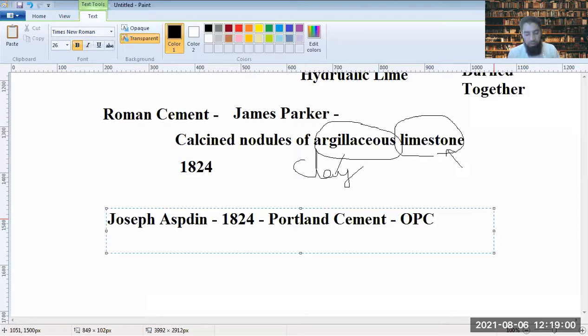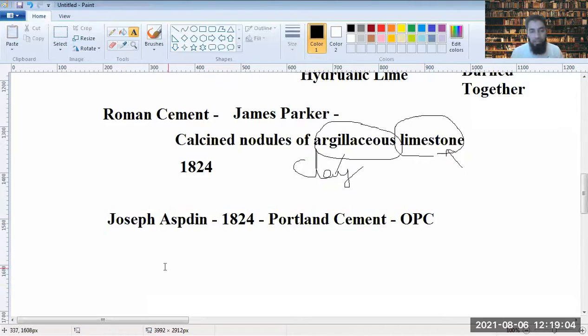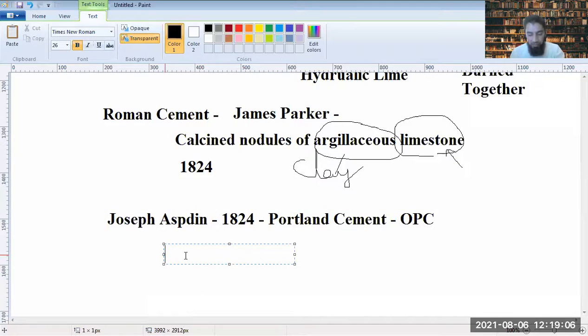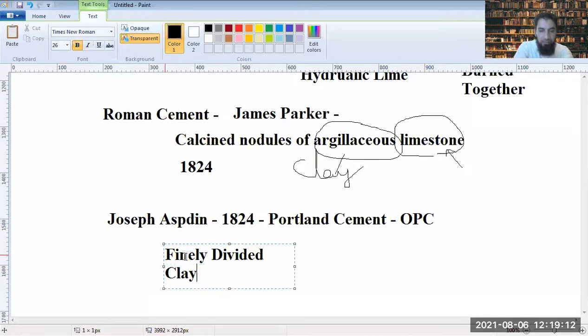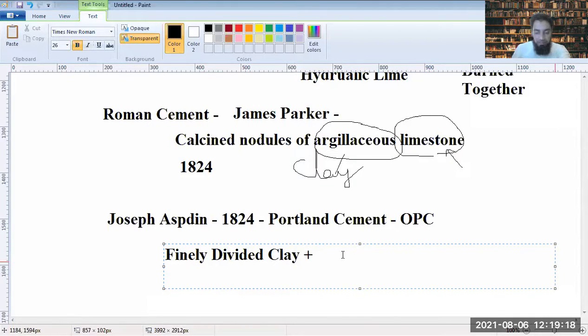Now it is the combination of, again, the same materials but in a different form. He used finely divided clay, the argillaceous material which gives the aluminates, and then the hard limestone.